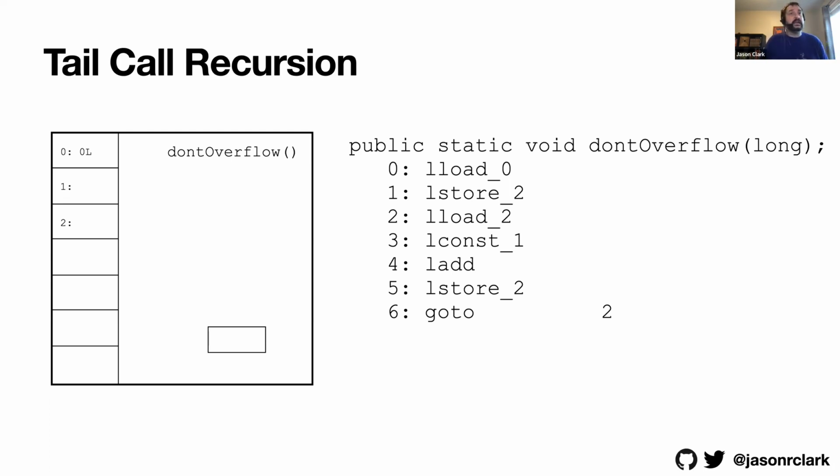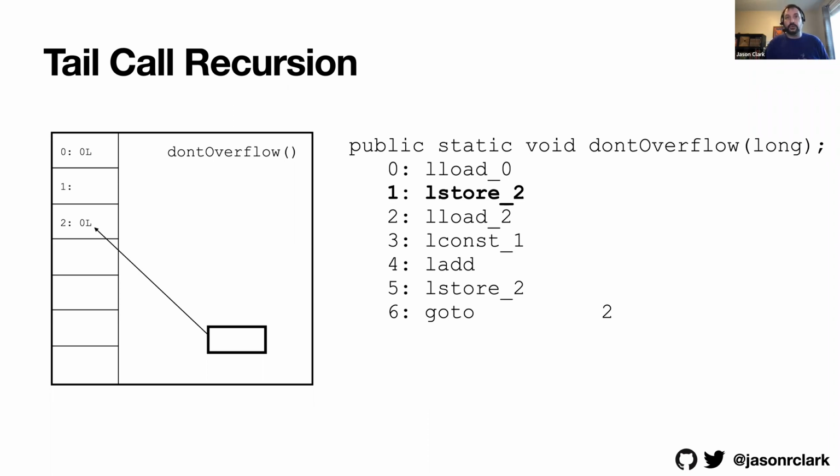Not too much longer than what we had. We start off by doing a load 0 of our argument. That was the 0 that we initially passed in. We're going to store that into location number 2. The reason that these are in 0 and 2 and that 1 is unoccupied is because these are longs, so they take 2 of the slots in each of their cases.